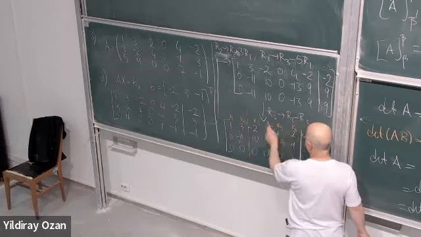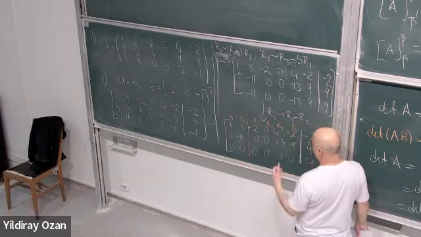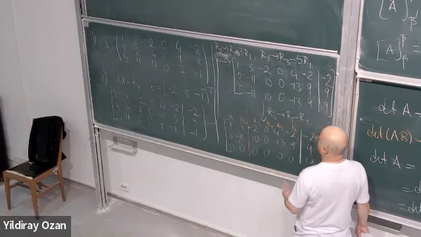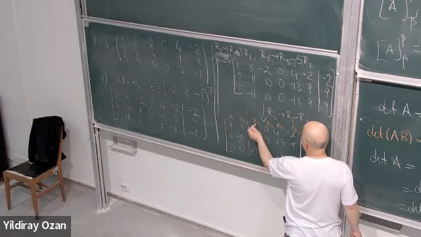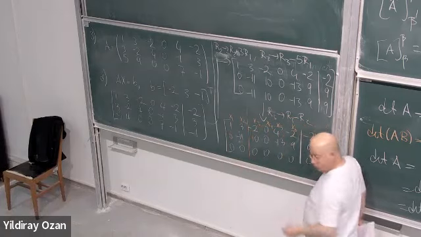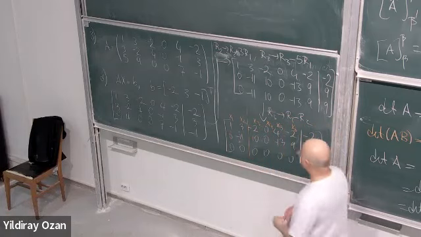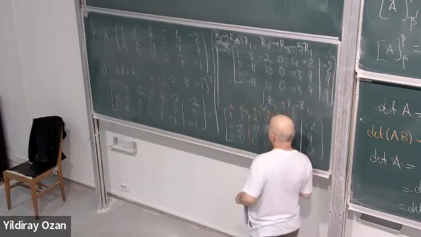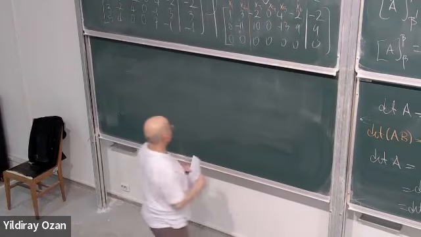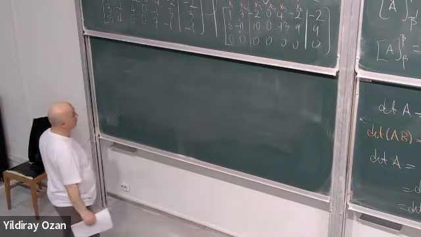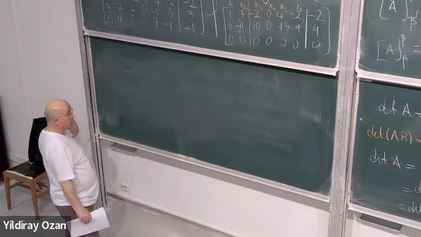These are the independent variables. So any solution is obtained by just giving arbitrary values to these guys. So we can just write down the solution as follows. Okay.